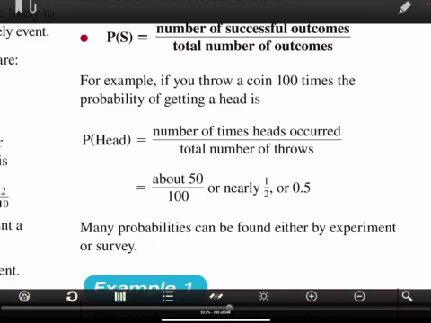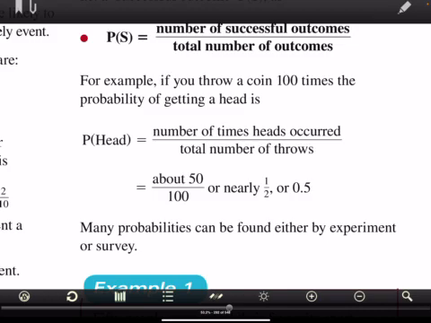Correct, the answer is 1 divided by 6, but how do you get to 1 divided by 6? You start with the numerator, then you explain the denominator. Remember, it's a fraction. You don't explain bottom to go to top.